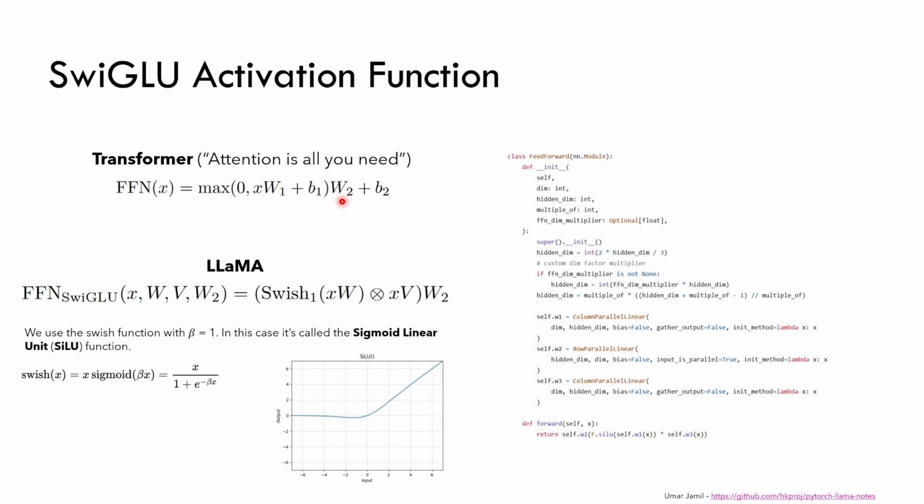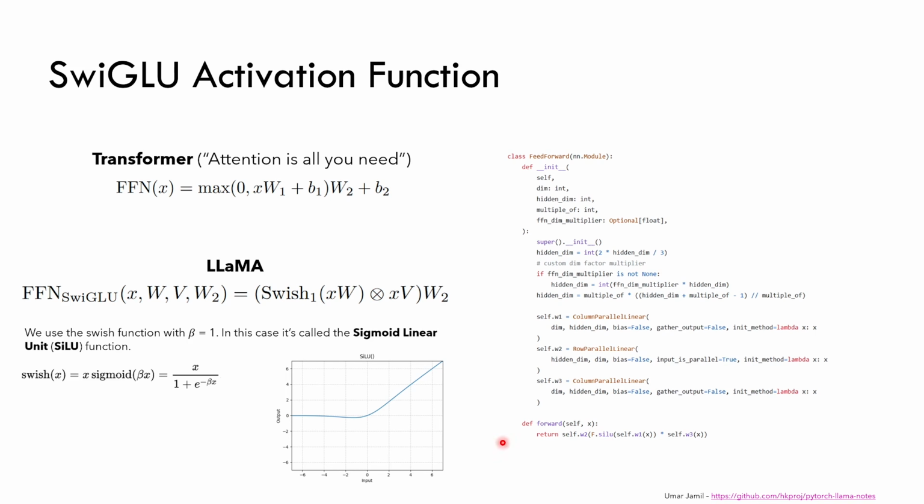Actually, some successor versions of the transformer didn't have the bias. I took this formula from the paper, but there are many implementations without the bias. While in LLaMA we use this computation for the feed-forward network, and this is the code I took from the LLaMA repository. And as you can see, it's just what the paper says. It's the SwiGLU function.